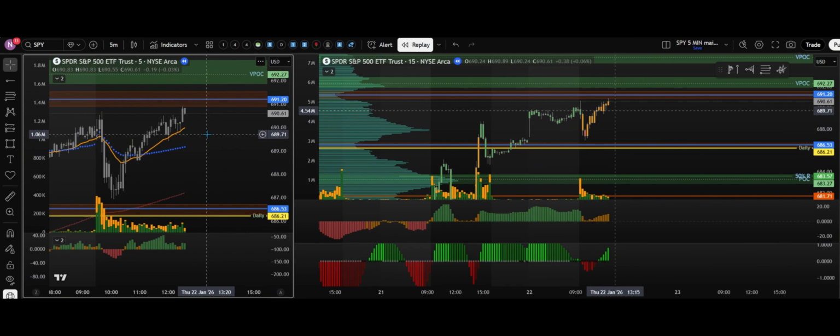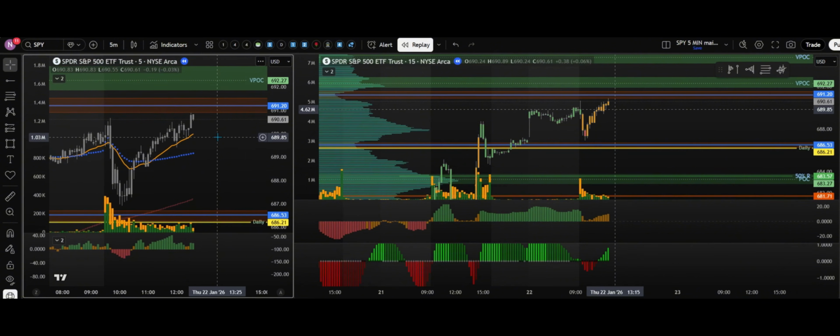But what if we're just going to roll through this and think, what is my mindset while I'm trading, right? So one of two things could happen. We could, one, break up through this low volume node, retest it, and then we're now attempting to test this virgin point of control up here.